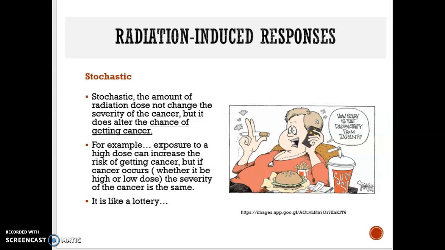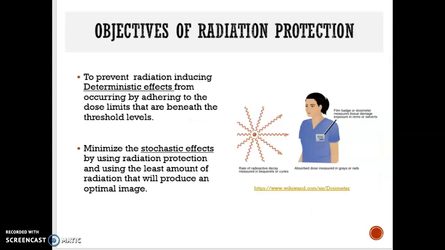So what must we protect ourselves from? And that is the whole objective of radiation protection. We need to protect ourselves from deterministic and stochastic effects. We need to prevent radiation-inducing deterministic effects from occurring by following dose limits. And we need to minimize stochastic effects by using radiation protection and using the least amount of radiation that will produce an optimal image.